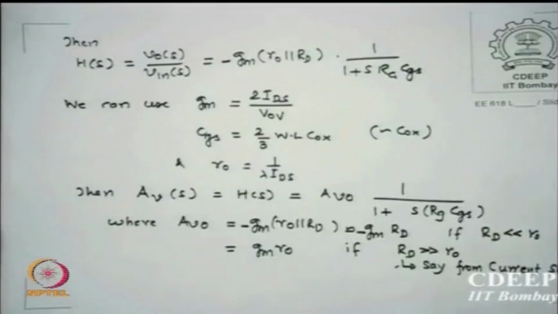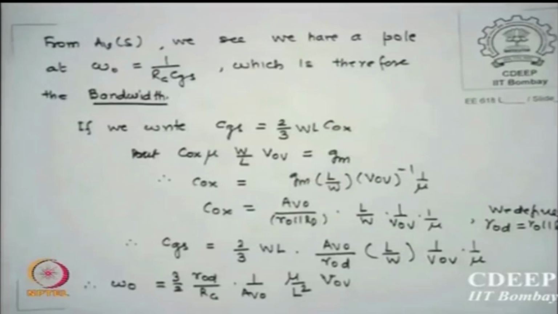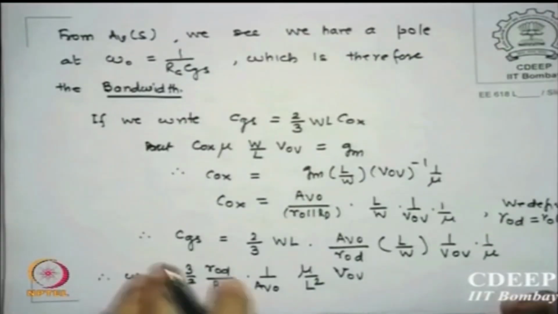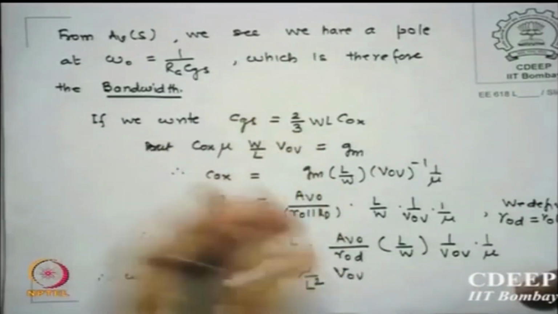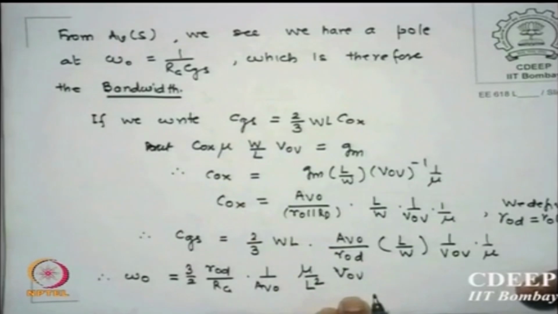So we already said that the gain bandwidth, this RG CGS, is related to bandwidth now, because that is the only pole available to you. So we therefore say, in the case of the circuit shown by me, no CGD and no output capacitance, the dominant pole or the only pole available to you is 1 upon RG CGS, and that is the one which will decide the bandwidth.